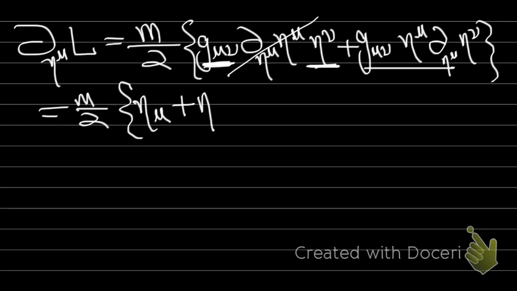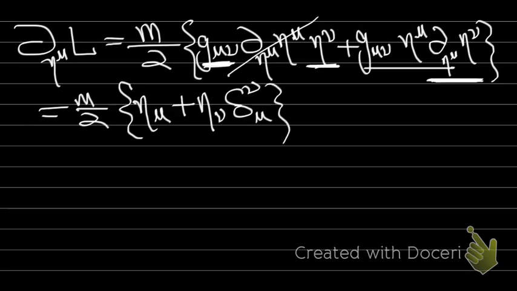So I would have eta nu multiplied by delta, because this thing can be written as delta nu mu, this mixed tensor.